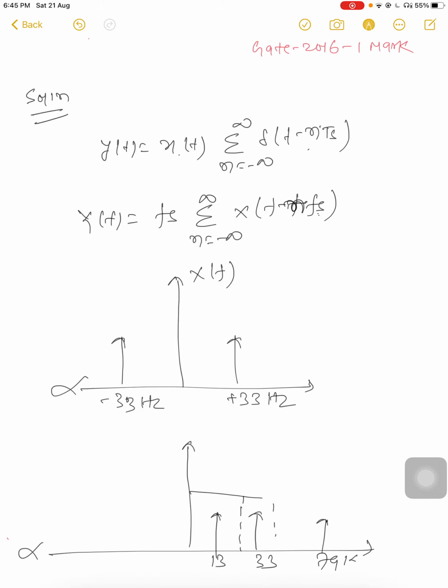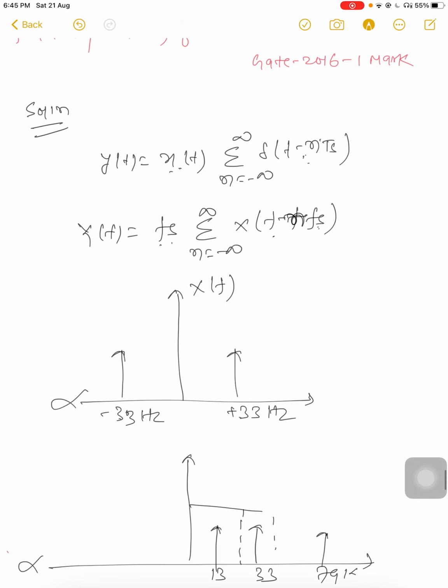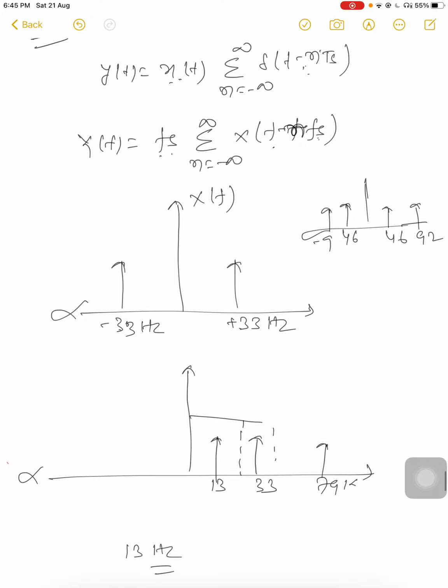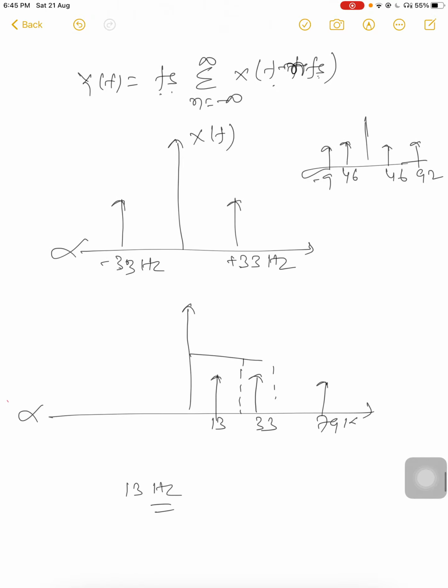See, here fs is equal to 46. After this, multiplication in the time domain will be convolution in the frequency domain. With convolution, 33 and here there is 46. So you can take the 46 in shifting, 46, then after that 92, and then you convolve it. Then all the signal greater than the 23 hertz cutoff frequency will not be passed.